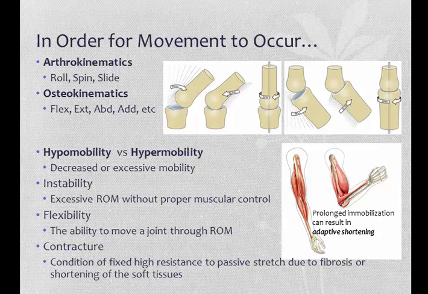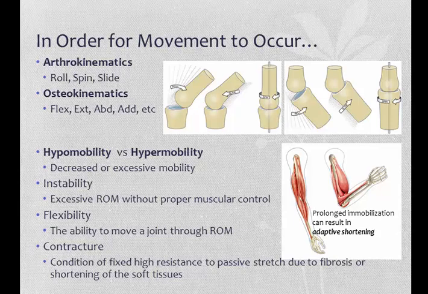With instability, yes, you're going to have hypermobility, but what you also don't have is the ability to fully control that muscle or joint. So you have to have hypermobility in order to have instability, but you can potentially have hypermobility but no instability. Maybe you have excessive motion in that joint, but you do have full control of the joint, so it's not very unstable. That's very possible.